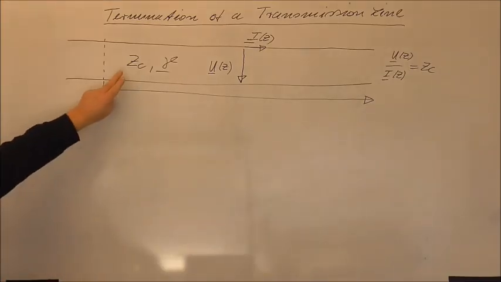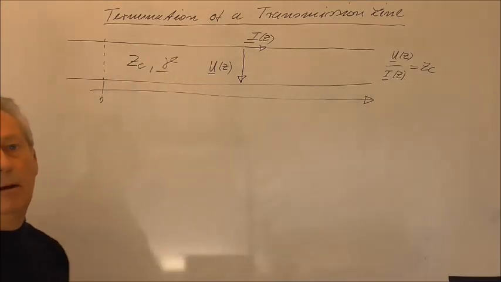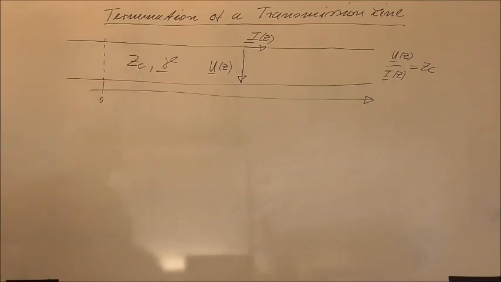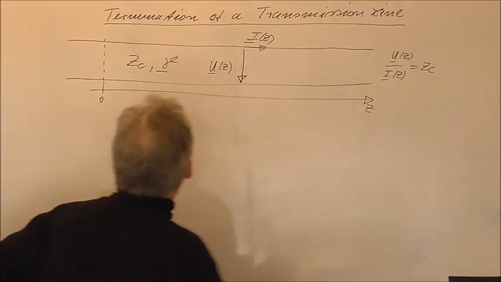Our transmission line is described by the two parameters Zc, and the wave propagation is described by gamma. And here we have the z coordinate.